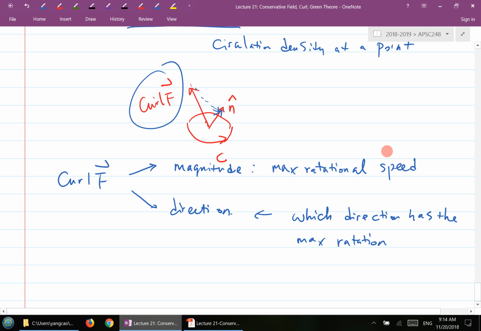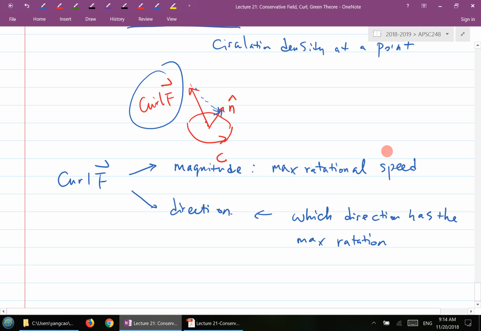I also want you to remember, curl F gives you an idea of the so-called microscopic rotation. It's point information: at that particular point, what is the rotational information? There's actually a difference between microscopic and macroscopic rotation, and we'll show you next. When you look at a vector field, it's definitely rotating, there's something rotating over there.